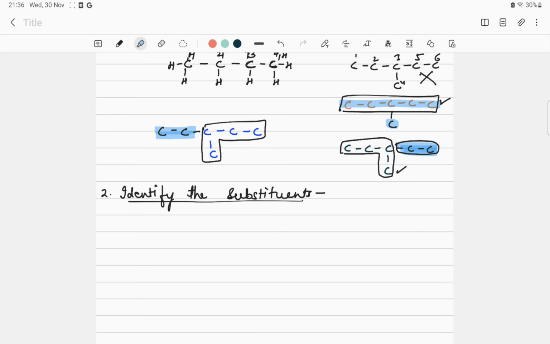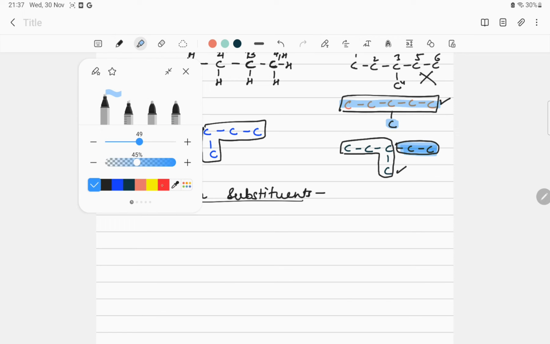What are substituents? Which are bonded in the parent chain in place of one of the hydrogens, right? This entire one is one substituent. Why is it one substituent? Because it is obtained by substituting one hydrogen only, because substitution in the parent chain happened only at one place.